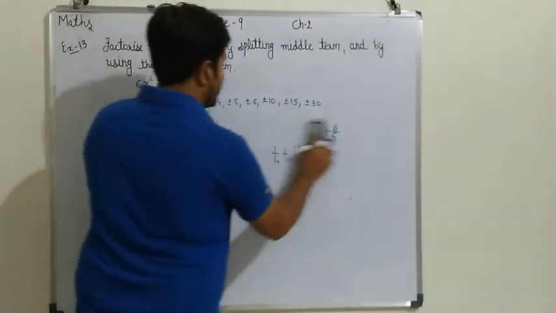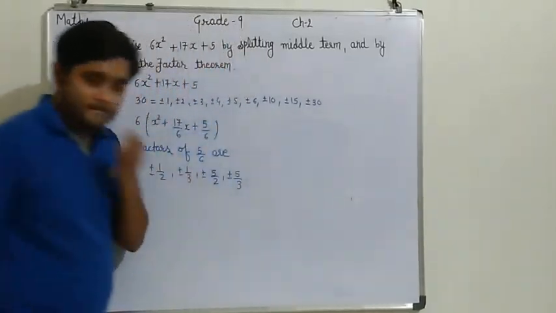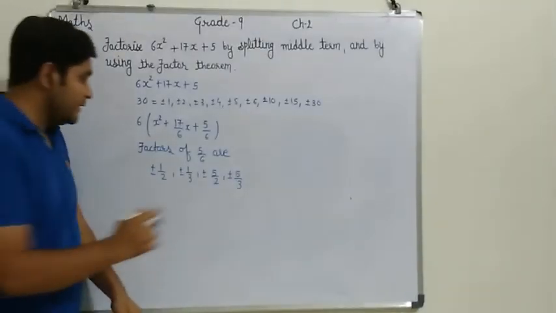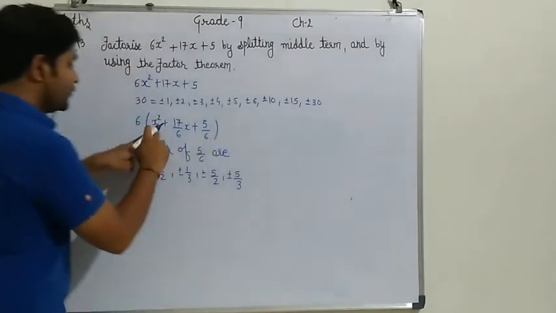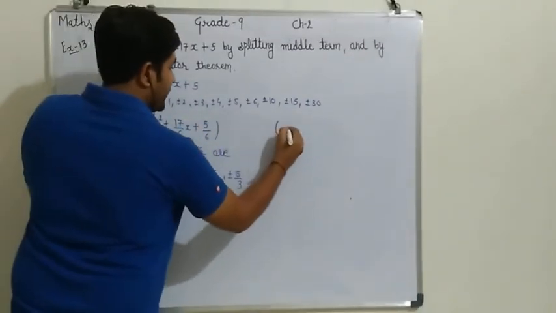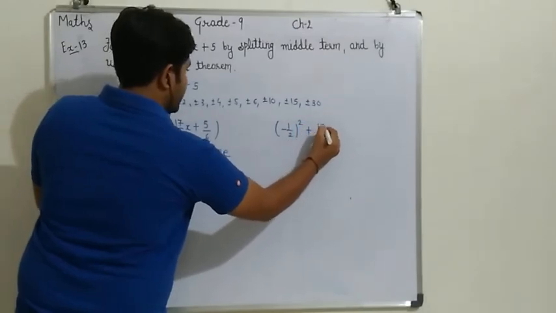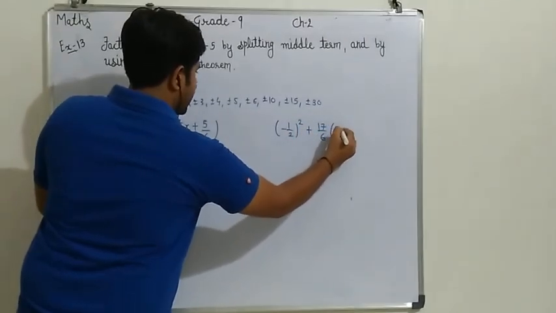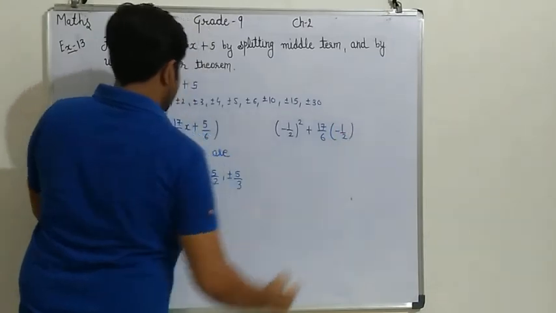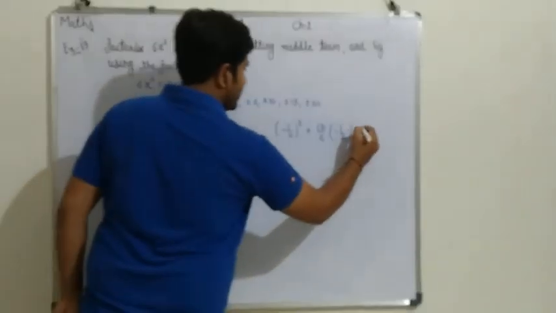Now do it for minus 1 by 2. Same process for minus 1 by 2. So minus 1 by 2 square plus 17 by 6 times minus 1 by 2 plus 5 by 6.